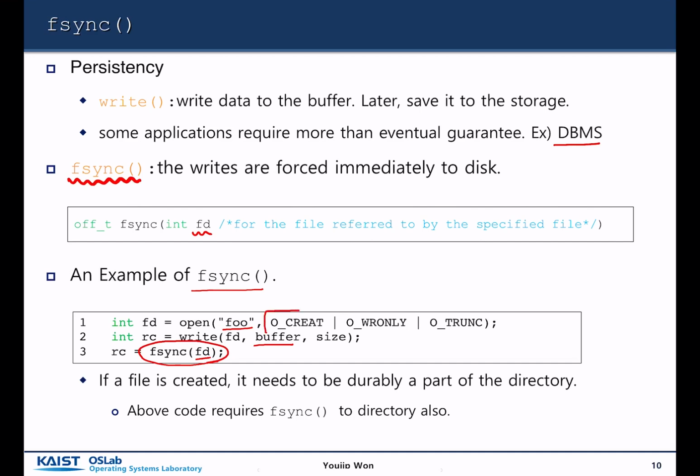If the file is created for the first time, and then you write something to the file, not only the file blocks are updated, but also the parent directory is updated. So if you want to make the results durable, you also have to make the parent directory durable. So the above code requires fsync on the directory also.